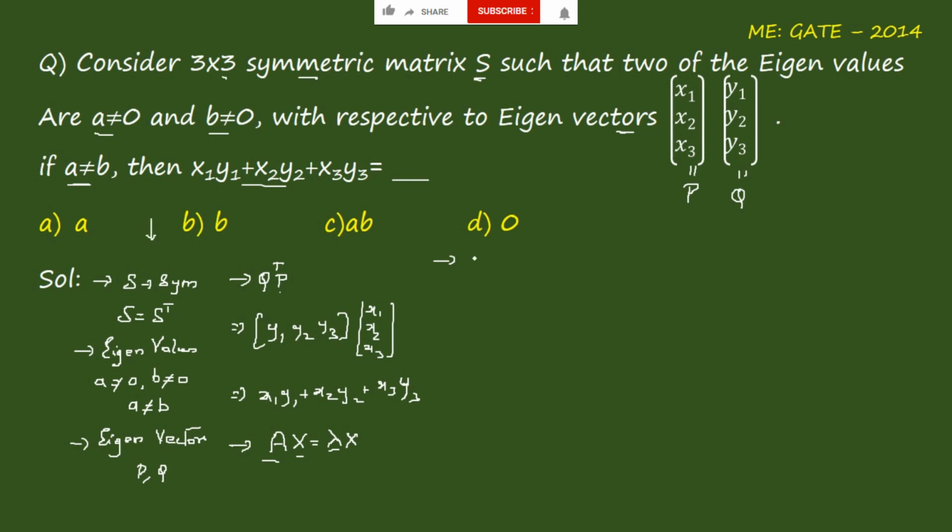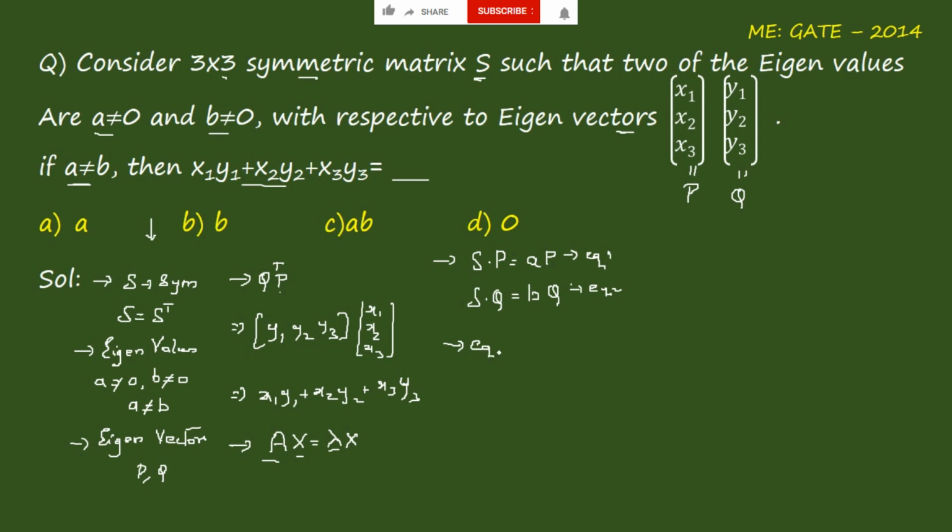We know that S into P, if you consider A as the eigenvalue and its eigenvector P, is equal to A into P. The other one is S into Q is equal to B into Q. Consider this as equation 1 and this one as equation 2.